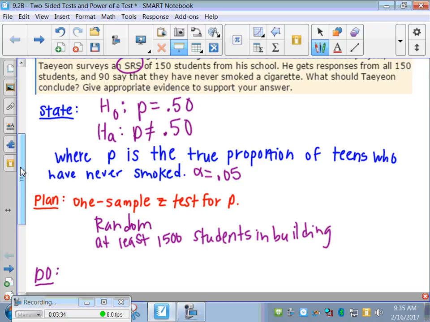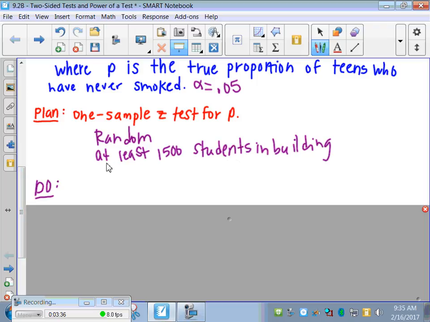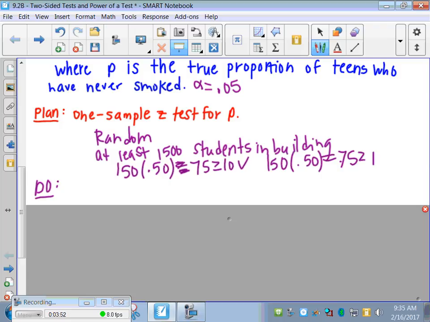That's what we're comparing it to. So 150 students times 50% has to be greater than or equal to 10. So that would be 75. So we're good to go there. And the same thing here, because 1 minus p is still 50%, so 75 is greater than or equal to 10. We're good to go for large counts.